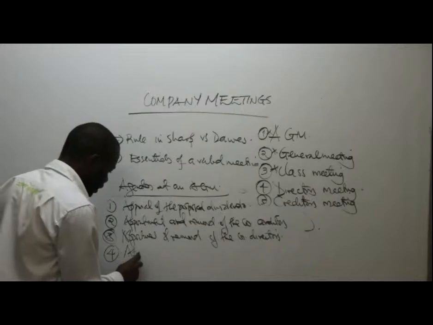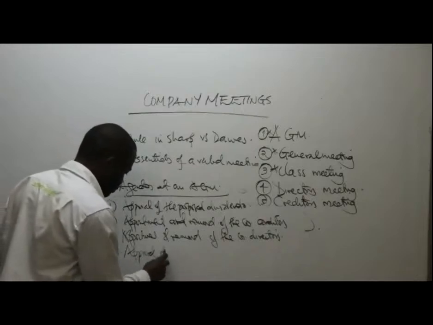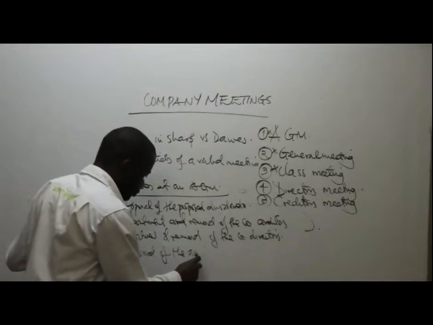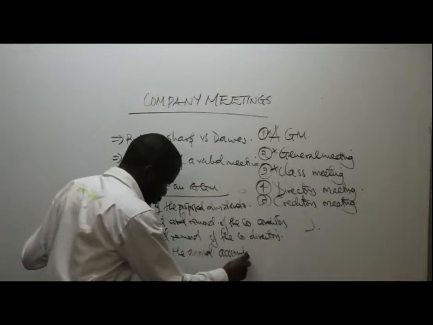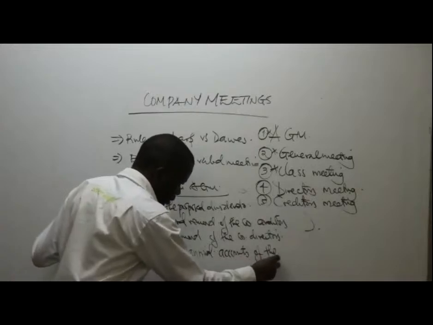Then number 4, approval of the annual accounts or books of accounts of the company.